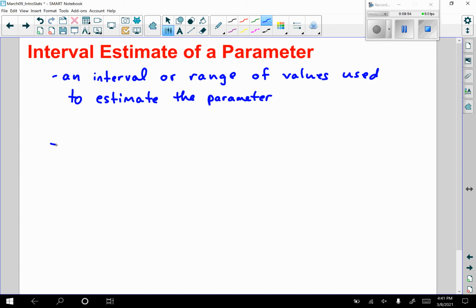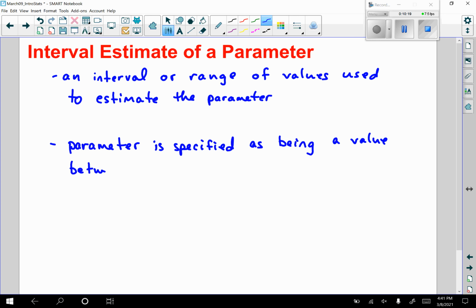A parameter is specified as being a value between two values. And you're going to see when we actually start to write a confidence interval. And two things are going to happen.